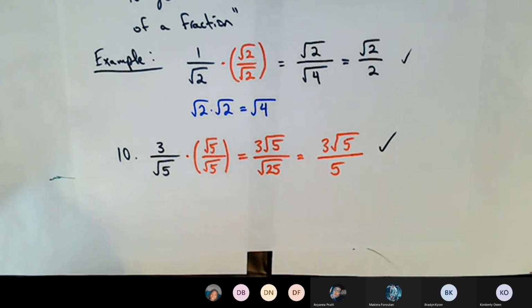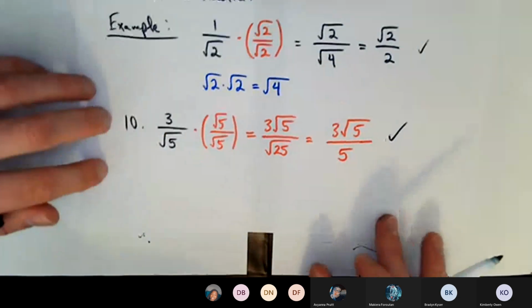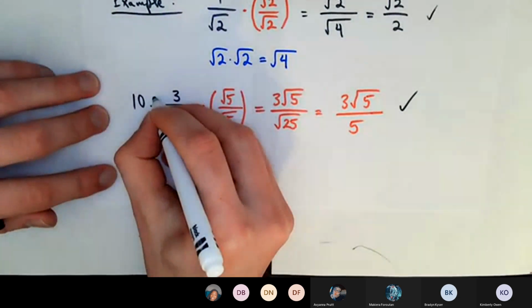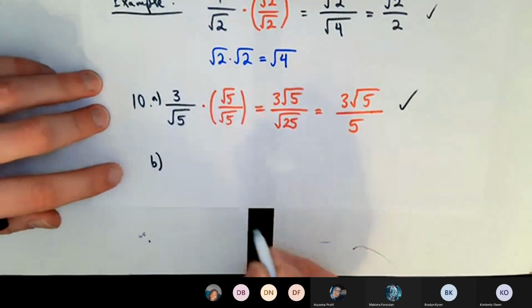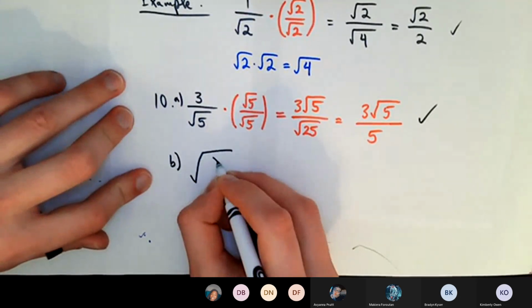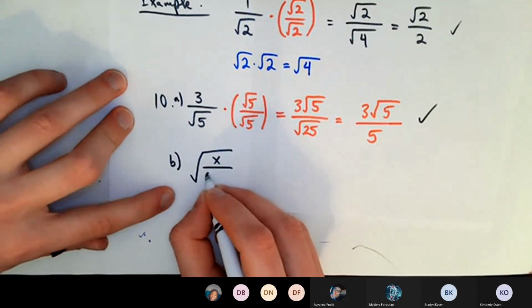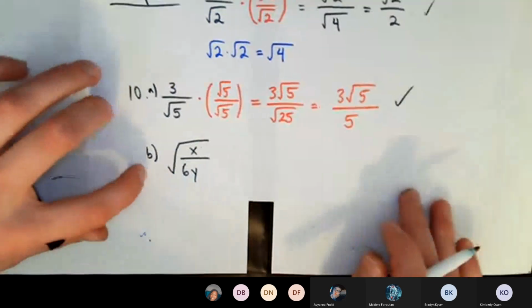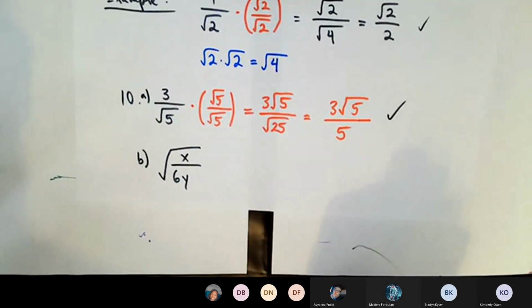Okay. What if I have a cube root? Wait, let me look. Let's call this A, and then I call this one B. Before we get to cube root, let's look at this. Let's look at x over 6y, all under a big square root.